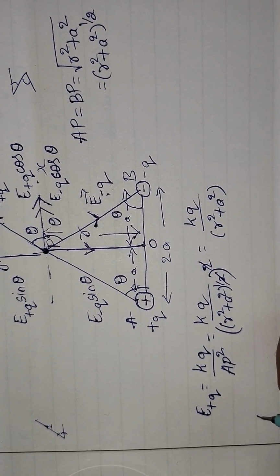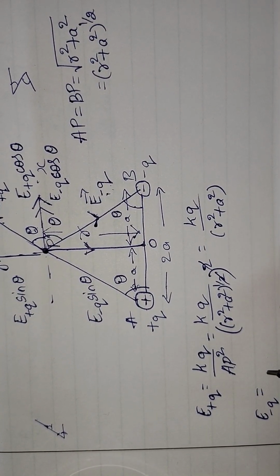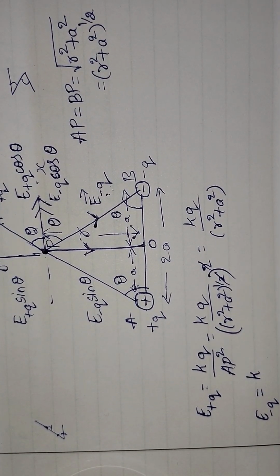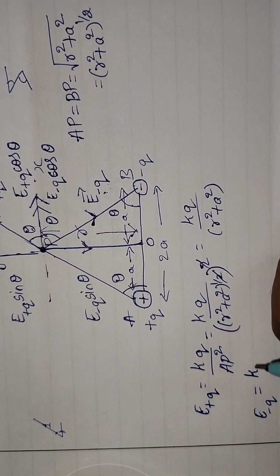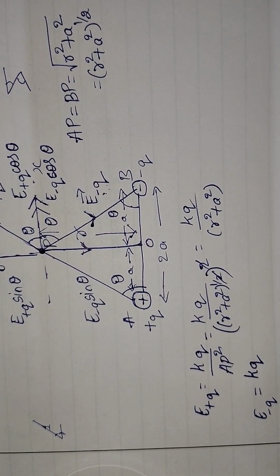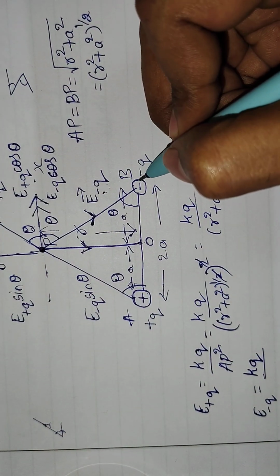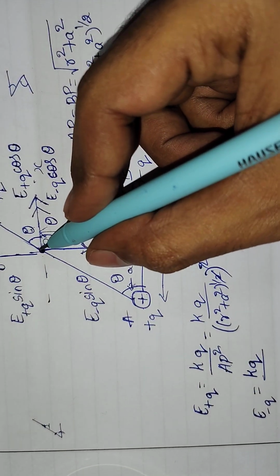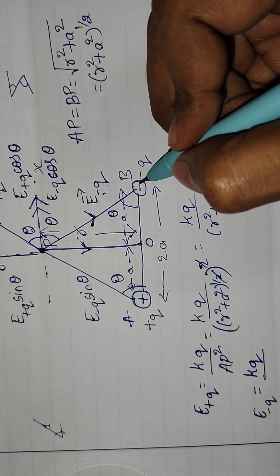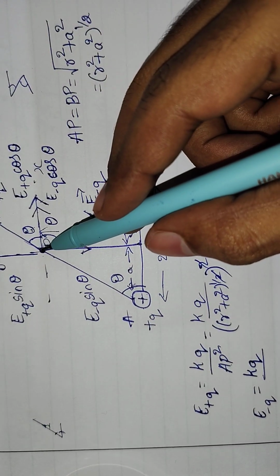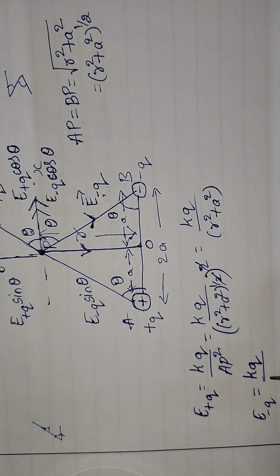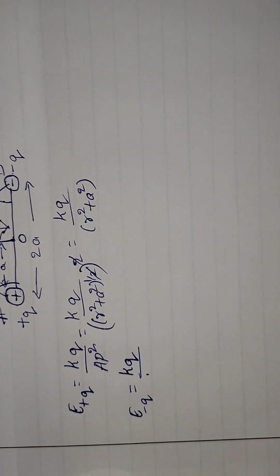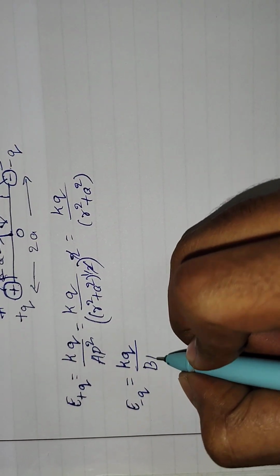Now consider electric field due to negative charge. It is equal to your 1 by 4 pi epsilon naught. I will write it as k. Magnitude of negative charge is q. Now what is the distance between negative charge and the point you are considering? The negative charge is located at point B. The equatorial point is point P. So it is BP square.